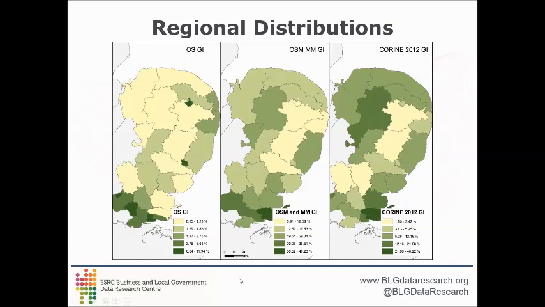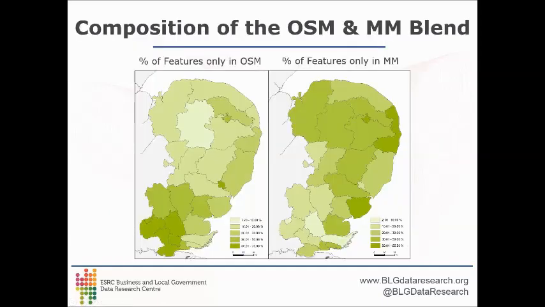So one of the things that we've then gone on to do is to focus in on that database in a little bit more detail and map out the sorts of features that we're only getting picked up in OpenStreetMap, and you can see those in the left-hand map on the screen, and the sorts of features that are only being picked up in MasterMap. Okay, so you're starting to see which source is contributing relatively more or less in different geographical areas.